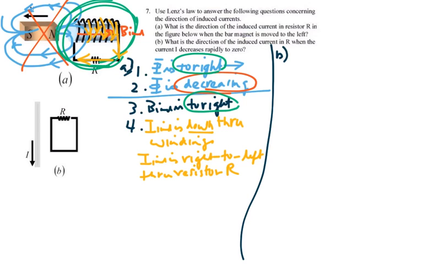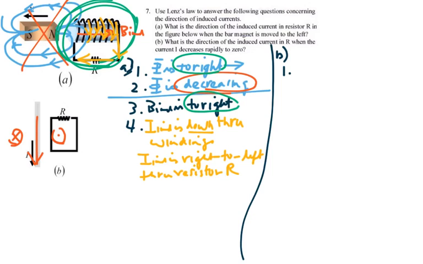Let's look at B now. We need to do the same thing, ask ourselves these questions. What is the direction of the original flux? Now the original flux is being produced by this current that is going down like this, and as we put our right hand in that direction, that means there's a magnetic field coming out of the page to the right here and going into the page to the left of that wire.